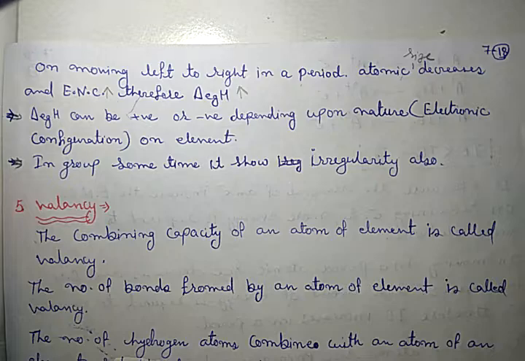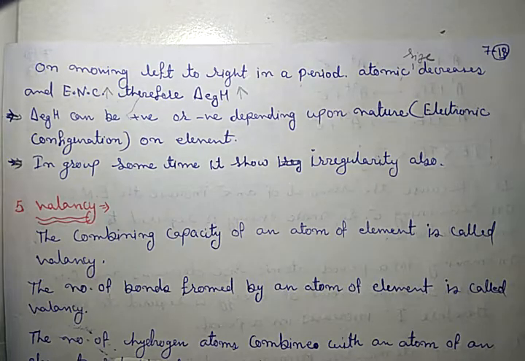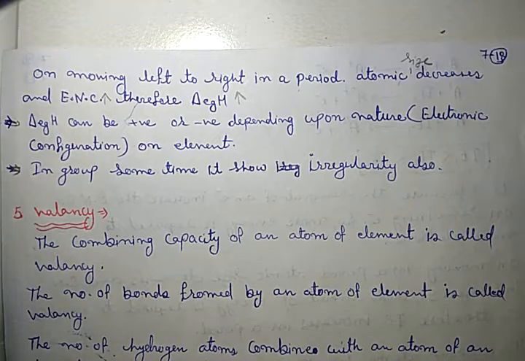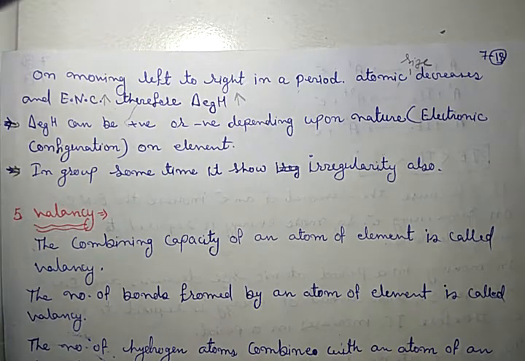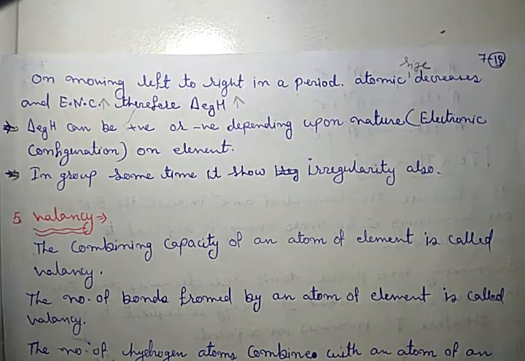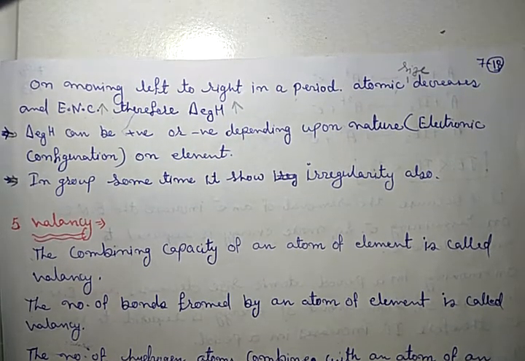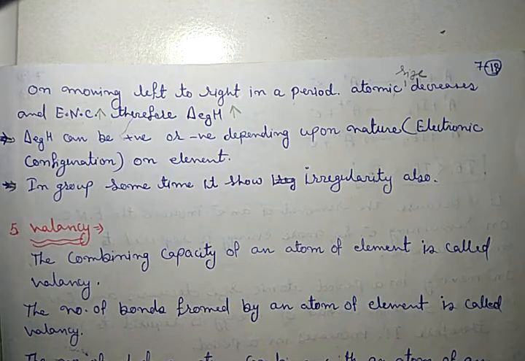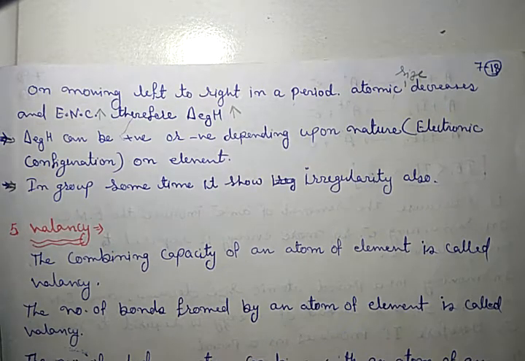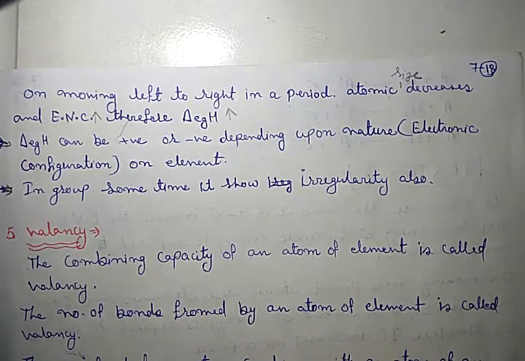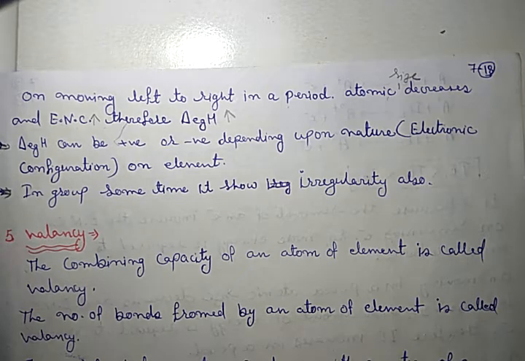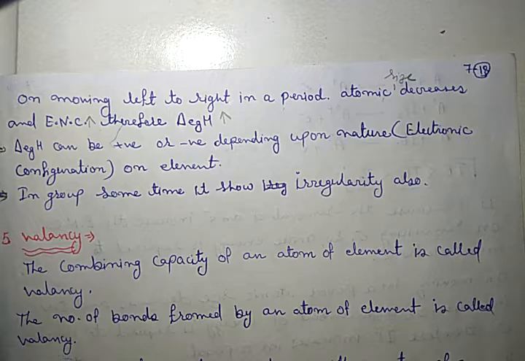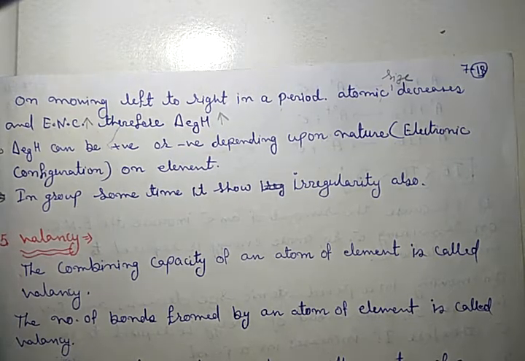Now suppose you are an atom and for stability you need 8 electrons. One condition is that you have 6 electrons and I supply you two electrons. That means receiving the electrons makes you stable, so you will release energy.